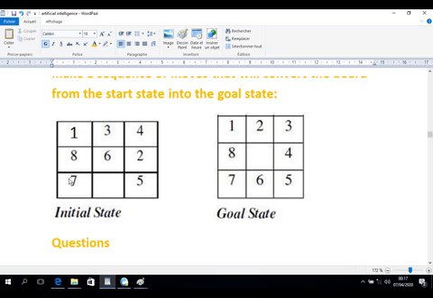Example: so answer the following questions for each of the above mentioned problems. What is the state space?